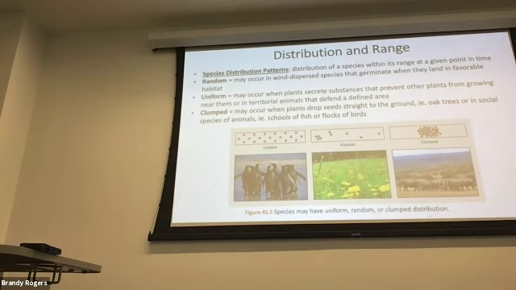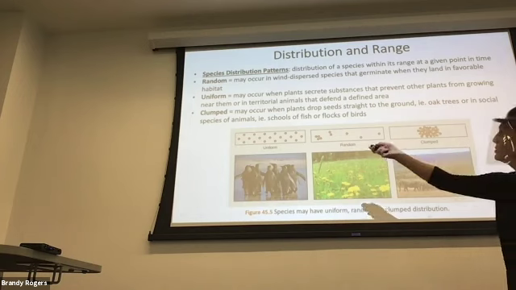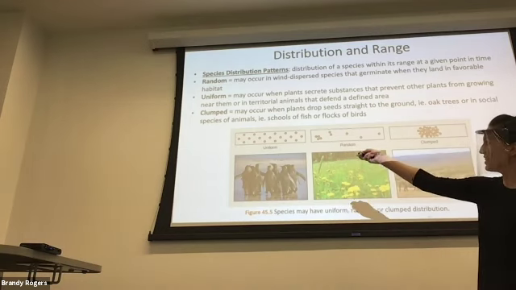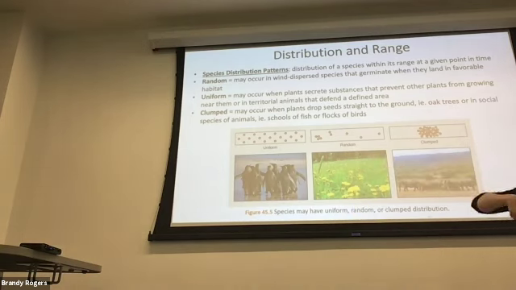So that's different than when you see a uniform or a clumped distribution pattern. So uniform means there is a pattern, and look at that pattern. What do you notice about that? It's even, right? Evenly spaced. So what kind of a conjecture or prediction can you make about a species that displays a uniform distribution pattern?